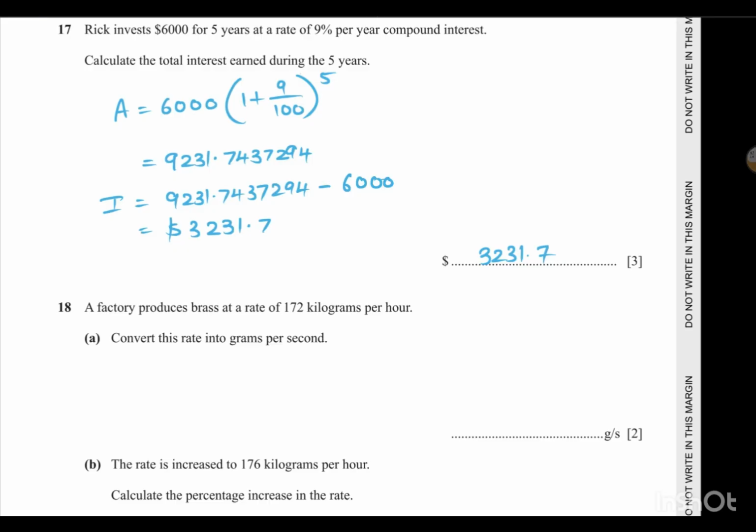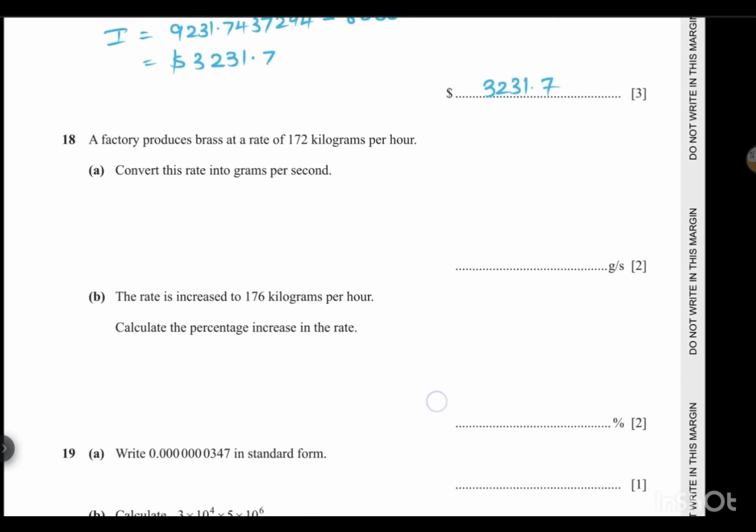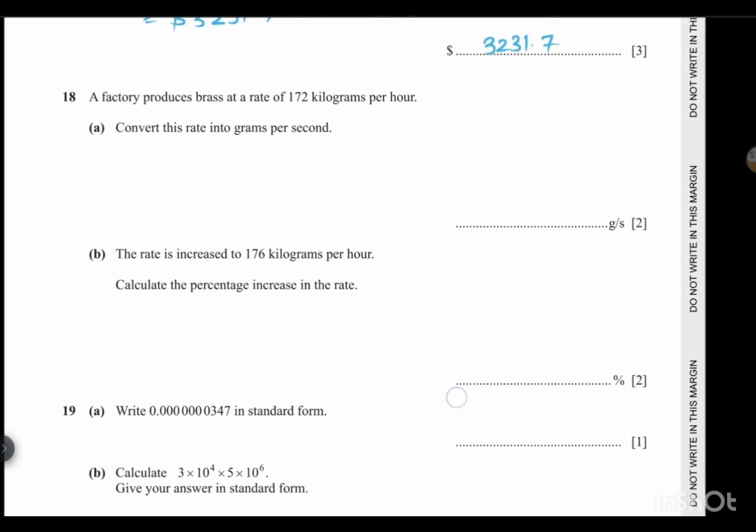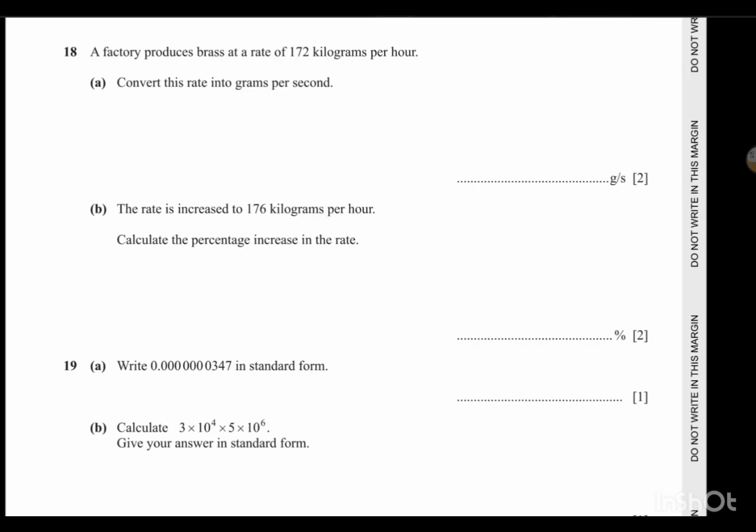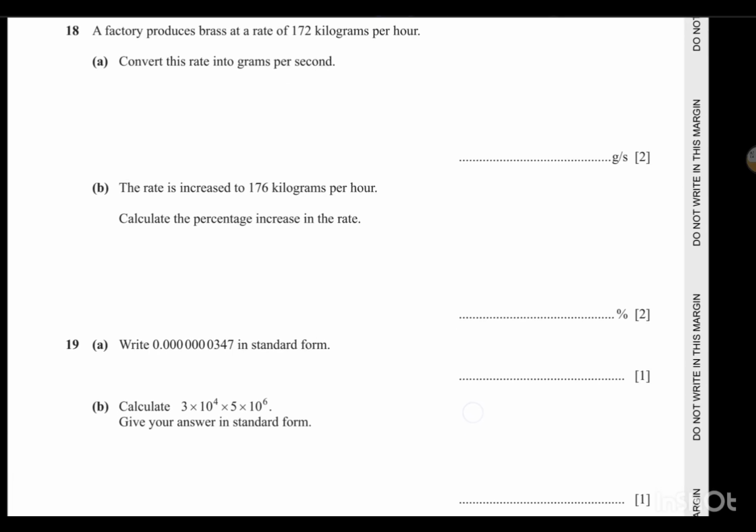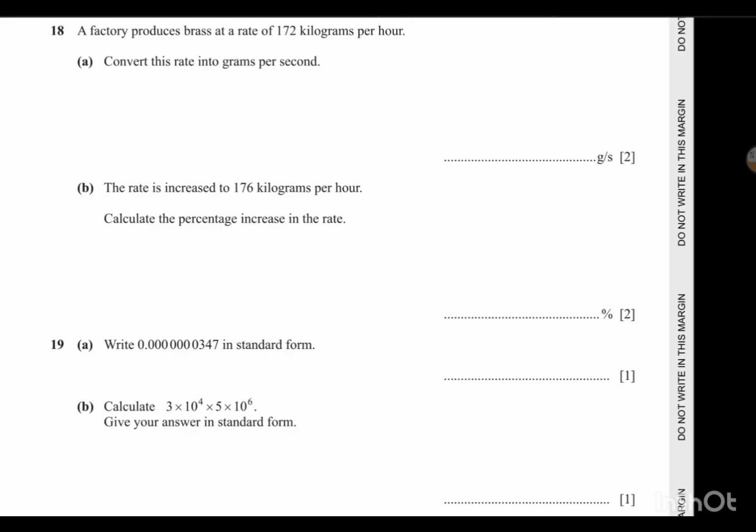Question number 18 now. A factory produces brass at a rate of 172 kilograms per hour. Question A is asking to convert this rate into grams per second. Converting kilograms into grams, you multiply by 1000, and converting hours into seconds, you multiply by 3600. So 172 into 1000, I'm converting into grams, and per 1 hour, so 1 hour is multiplied with 3600 because 60 times 60 is 3600.